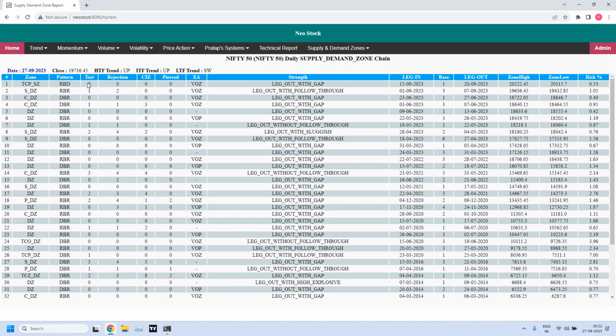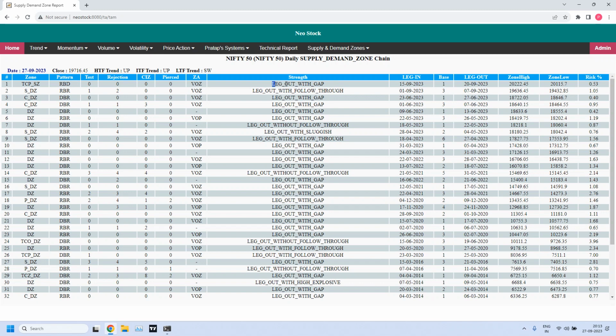Is it a fresh zone? Yes, because the number of tests is 0, rejections are 0, and close inside the zone is also 0. Of course, it is not pierced. And is it a good supply zone? Yes, because this is the one that actually changed Nifty's uptrend to sideways. And moreover, see the strength of the zone.